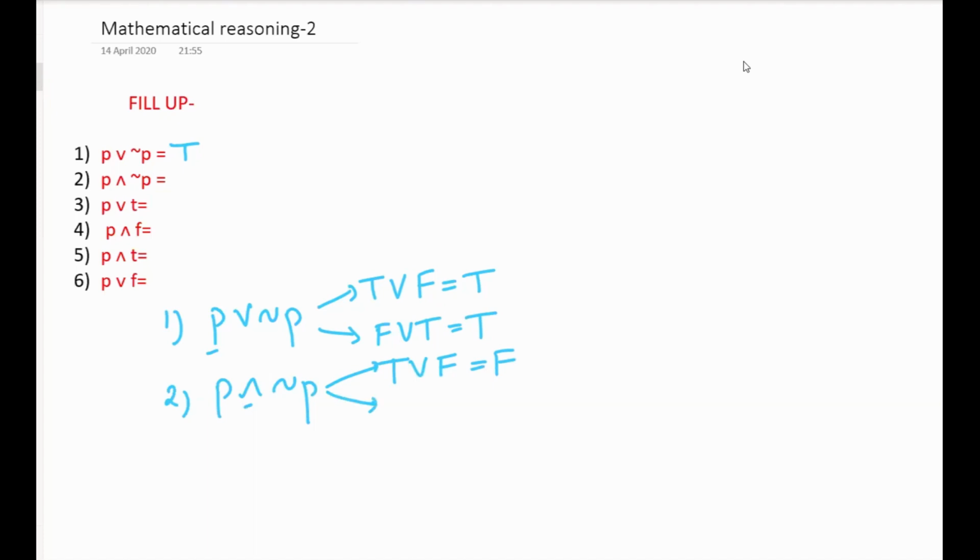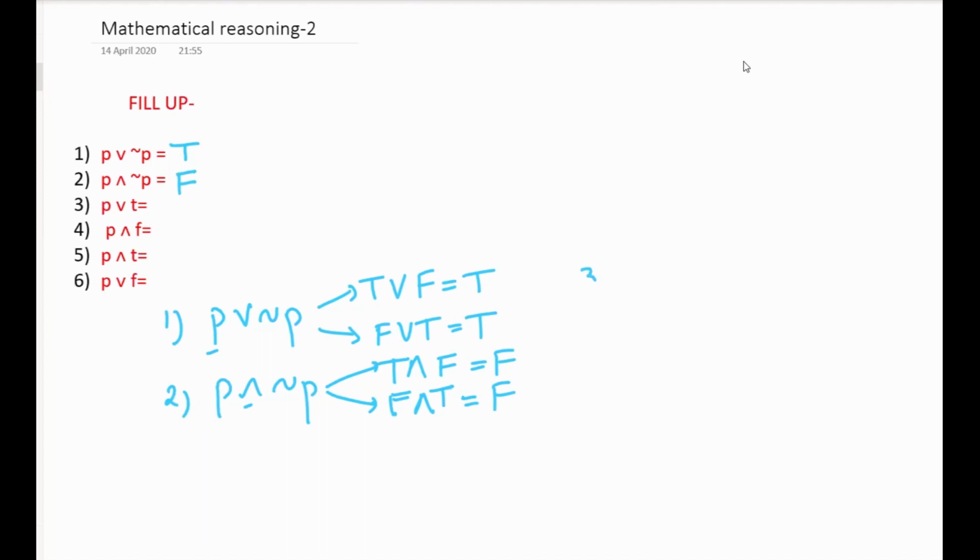The second case here is, I put the sign of intersection, sorry. If I put the sign of intersection here, if I take P false, then negation of P will be true, and false intersection true is false.